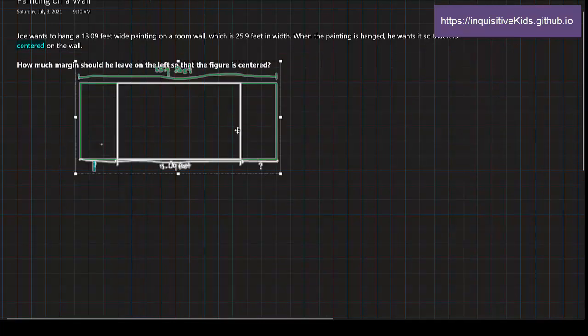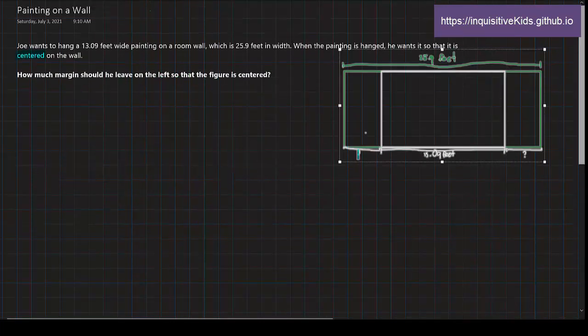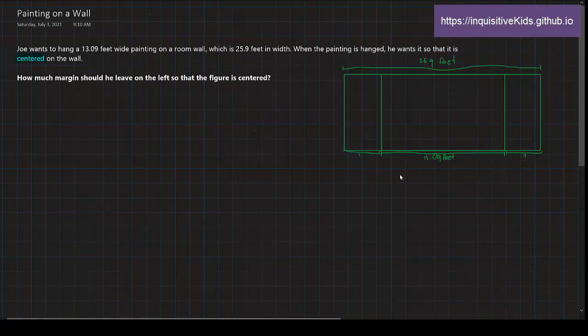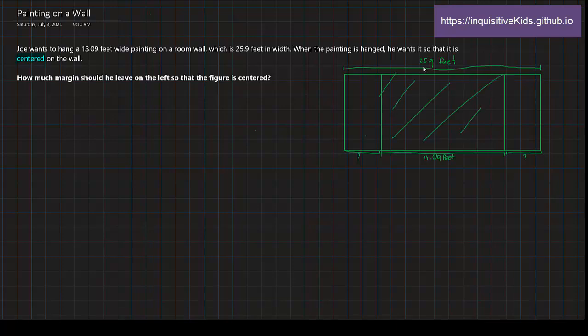So we first need to subtract the painting space away from the 25.9, and then we use that difference, which is going to be the sum of this space and this space, and divide it by 2 to find one half of that difference. So 25.9 minus 13.09, divided by 2.